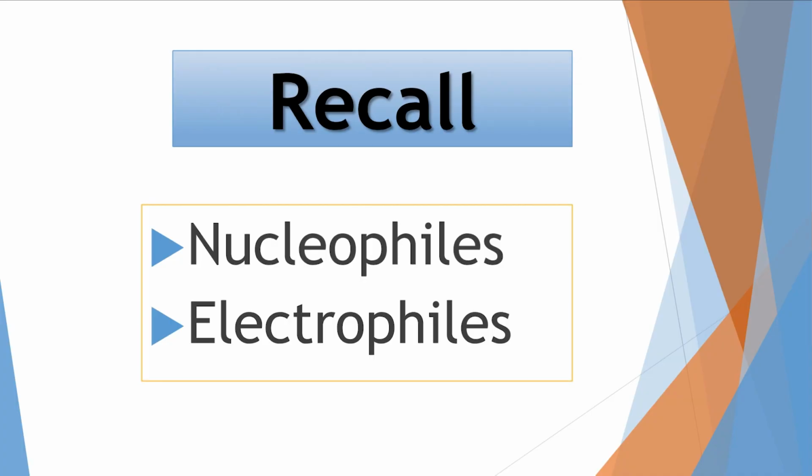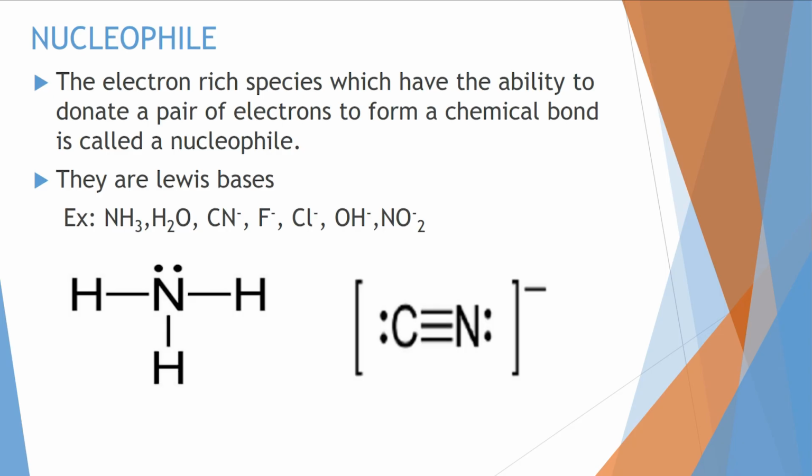Then let me recall your memory about nucleophiles and electrophiles. Just split the word nucleophile. What will you find here? When we split it, we get two words. One is nucleus and the other one is philic.